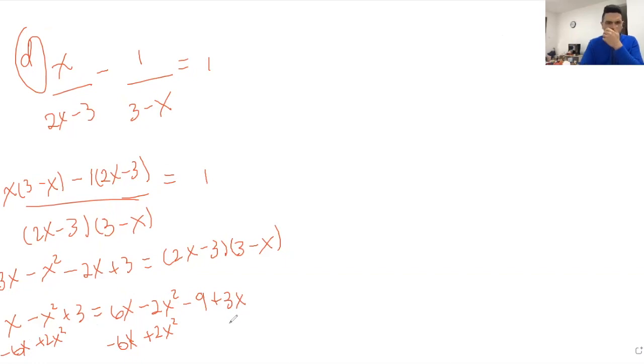And then, well, actually, I skipped one step. Let me just do this over. I have to combine like terms on this side. So I'm going to get x minus x squared plus 3 equals 9x, right? 6x plus 3x, 9x, minus 2x squared minus 9.